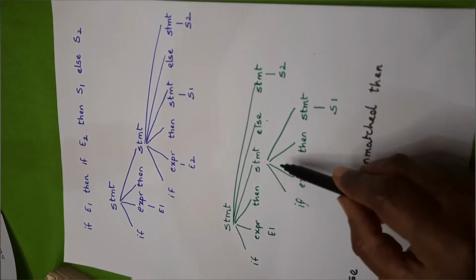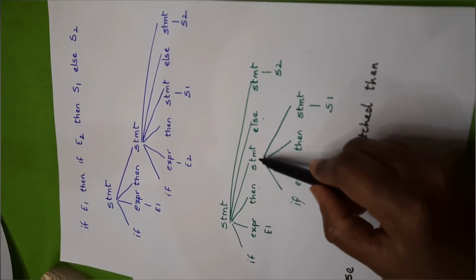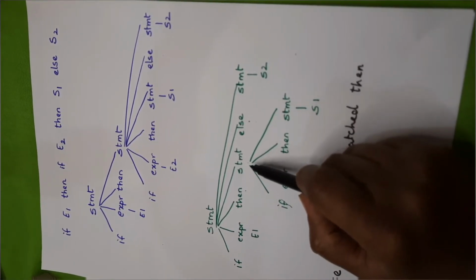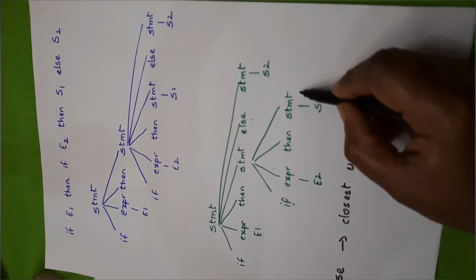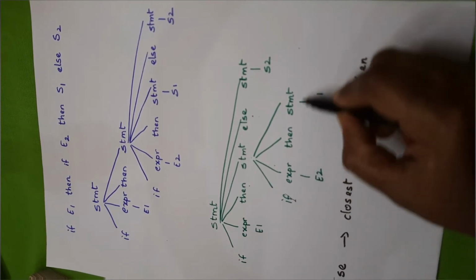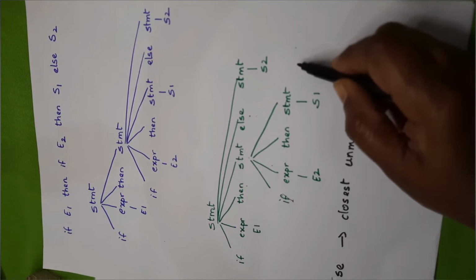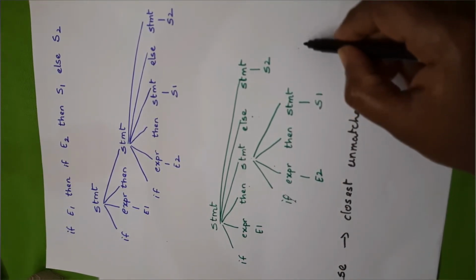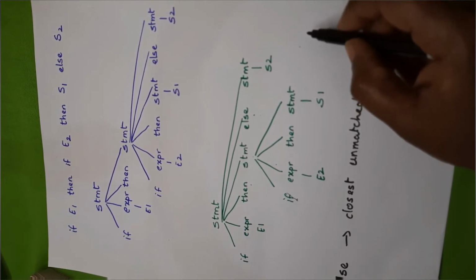I'll repeat: when we are expanding the statement between then and else, we ensure that what is expanded is a complete if else statement. So we always ensure that what is expanded in between also has an else part, so that we will not have ambiguity when parsing.